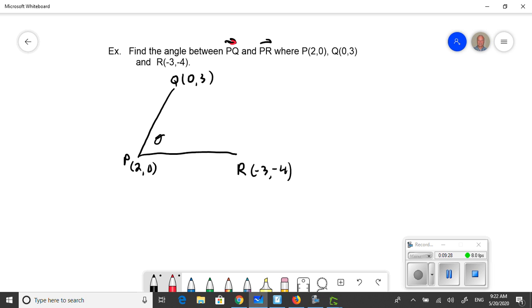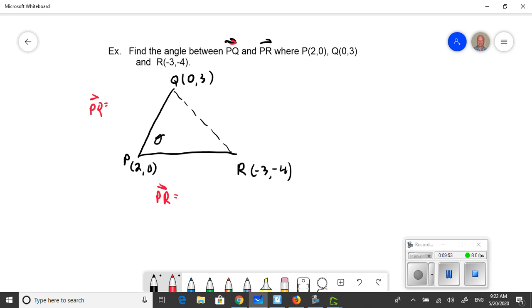I just have 2 vectors and an angle. I think I can easily make this into a triangle, and maybe use the cosine law or some sort of form of trigonometry. So it looks like I'm going to need side lengths, PR and PQ over here.